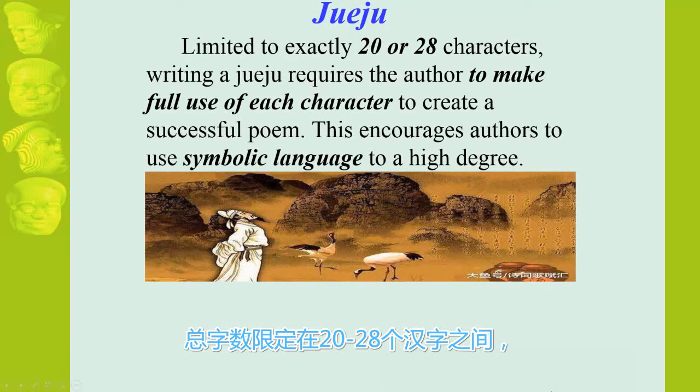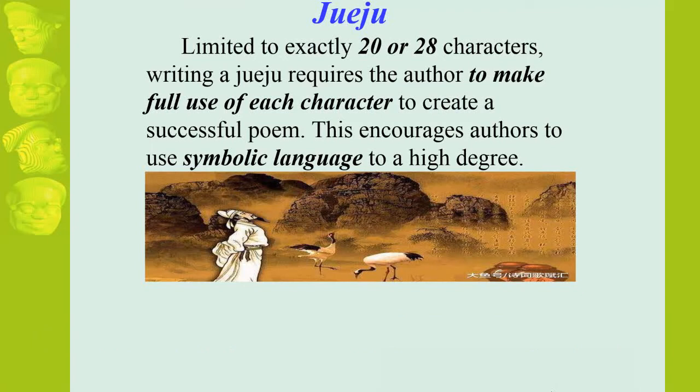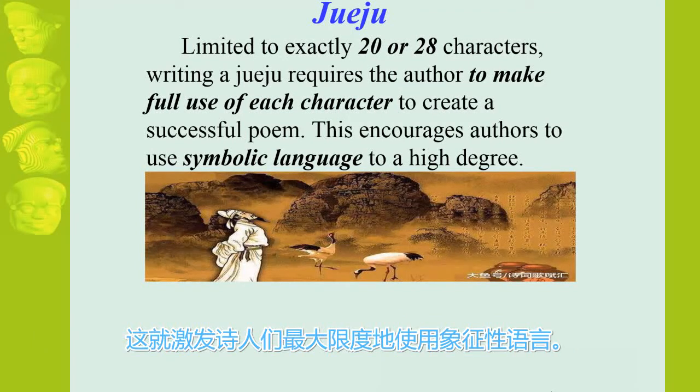Limited to exactly 20 or 28 characters, writing a 绝句 requires the author to make full use of each character to create a successful poem. This encourages authors to use symbolic language to a high degree. Symbolic language, 象征性的语言.